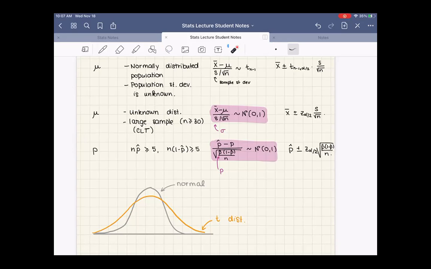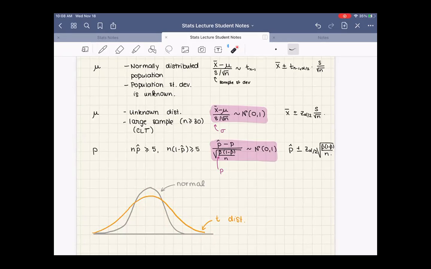Because if I have a sample that is larger, that means that my standard deviation estimator here, S, should be closer to sigma, right? And so the larger my sample is, the more information I have about my population, and the closer the t-distribution should get to the normal distribution, okay? Because the less variability I should expect from that sample standard deviation, okay?